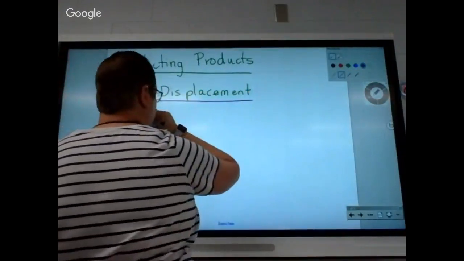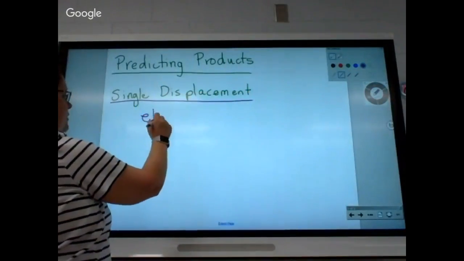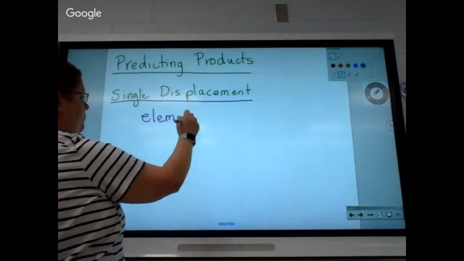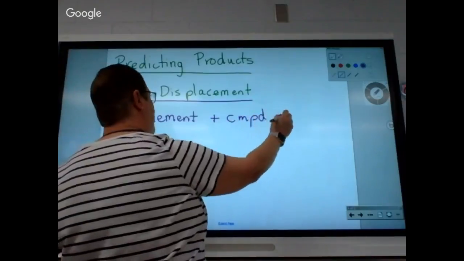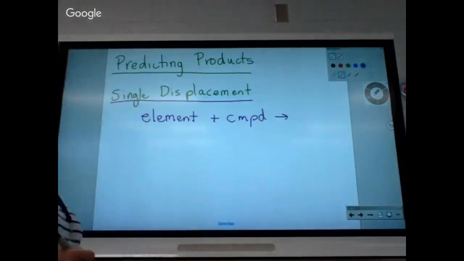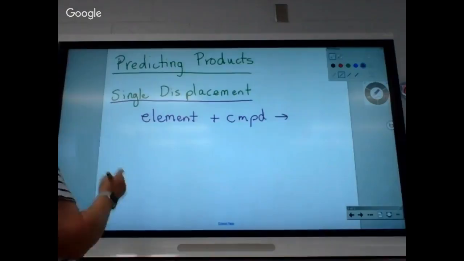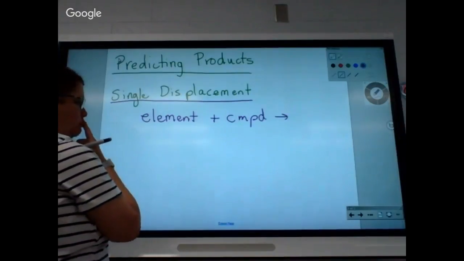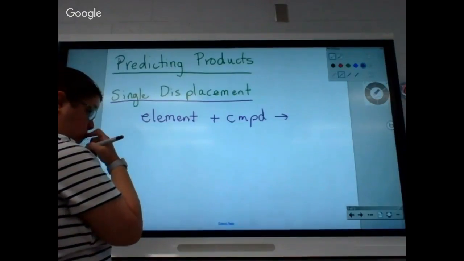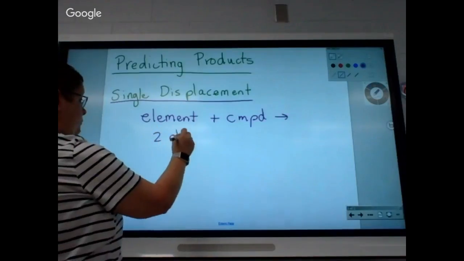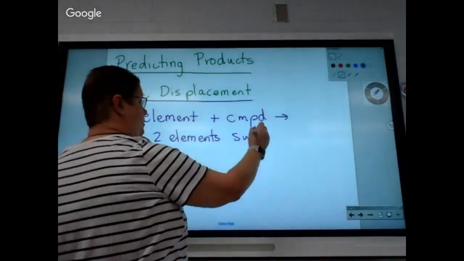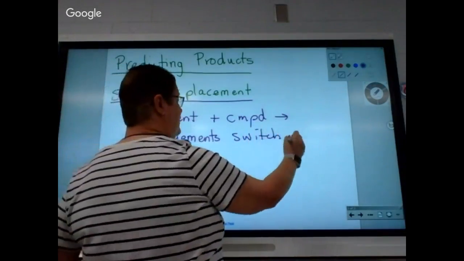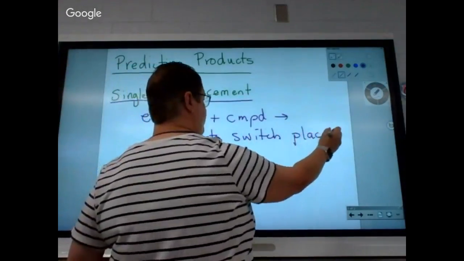Now, everybody knows that this is an element plus a compound. Now, what did we say was going to happen in this element plus a compound? 2 elements are going to do what? Mm-hmm. 2 elements switch places. Okay?